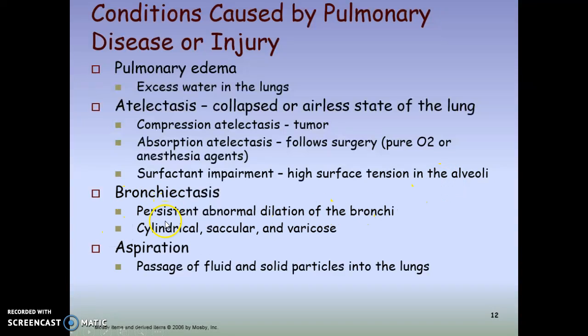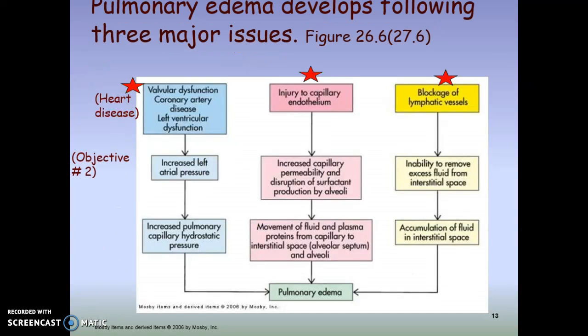There's bronchiectasis, persistent abnormal dilation of the bronchi, and then aspiration, passage of fluid or solid particles into the lungs. This could cause coughing immediately, but that coughing reflex might not be strong enough to actually move material out of the lungs. All right, now back to pulmonary edema.